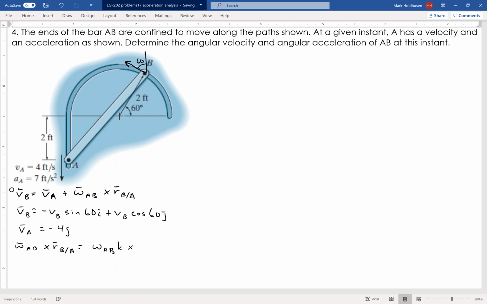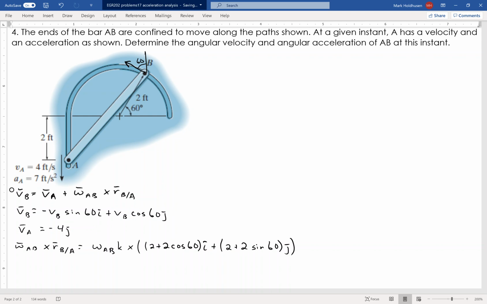Okay, and that's going to be crossed with r of B with respect to A. So that's from A to B. So in the x direction, it moves 2 plus 2 cosine 60, in the i direction, and then in the j direction, it moves 2 plus 2 sine 60.